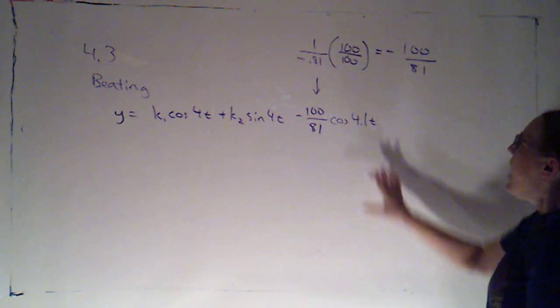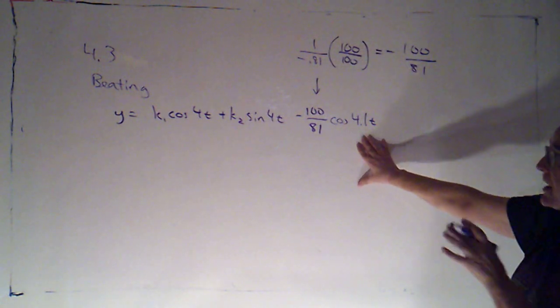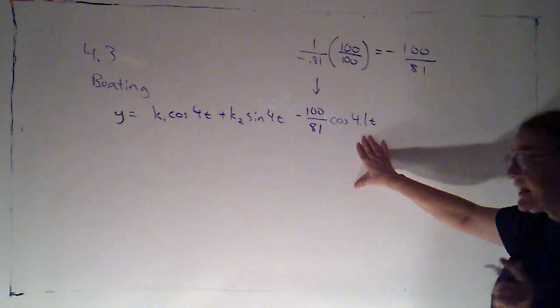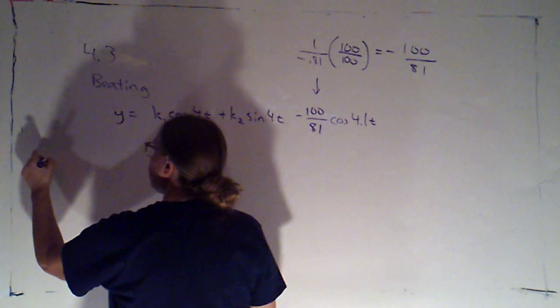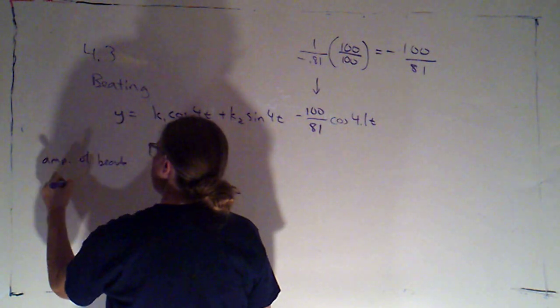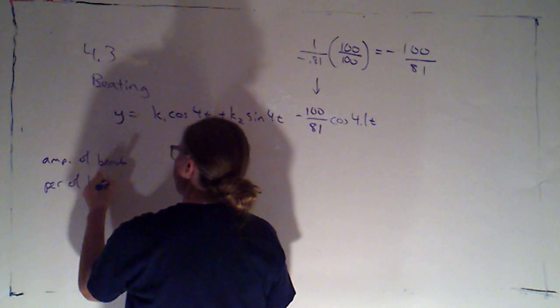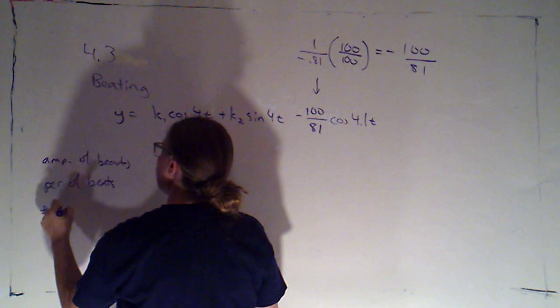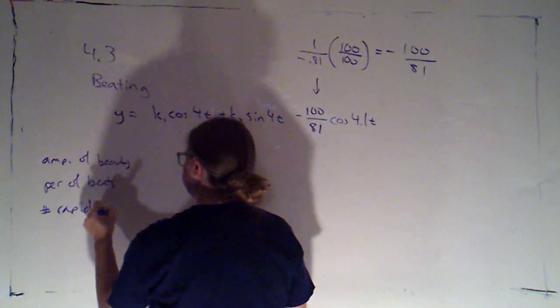Now, if I were going to graph this, what I would care about is the amplitude of the beats, the period of the beats, and the number of rapid oscillations per beat.